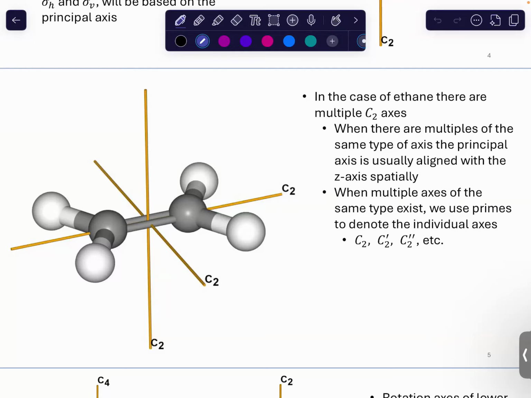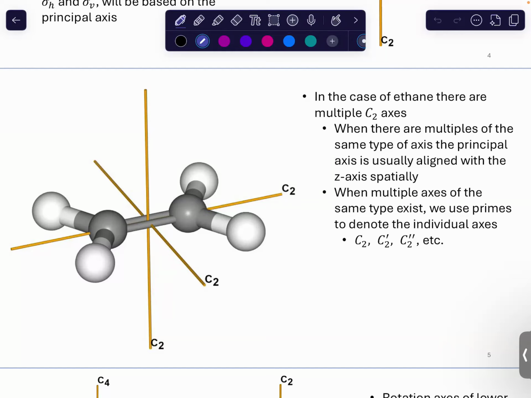Okay, so now let's talk about prime and double prime. In this case, we talk about that in terms of symmetry, at least with orbitals. In this case, they denote axes that are equivalent, but different for the molecule.